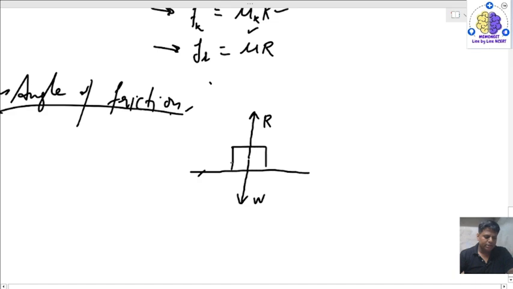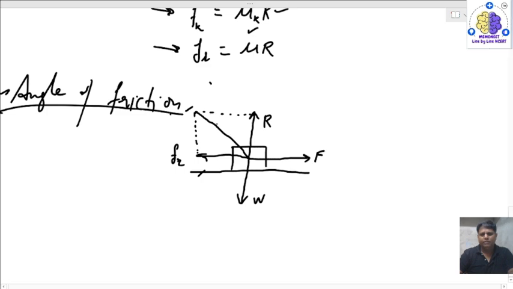Then there is a force applied on it in this direction, let it be F. Because of this, it will have a resistive force acting in the opposite direction, let's say F R. Now, if we find the resultant of this frictional force and the normal reaction force, we'll get this vector.